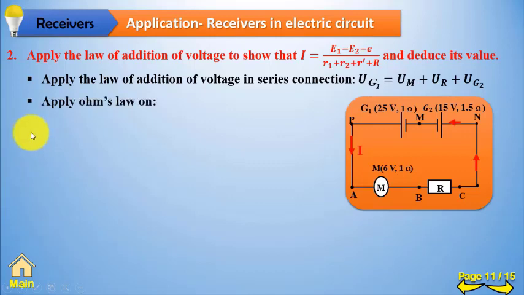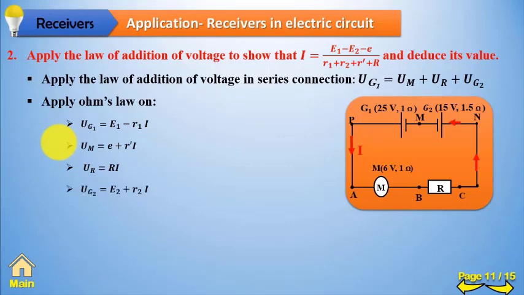Applying Ohm's law on the generator gives us UG1 is equal to E1 minus R1I. Applying Ohm's law on the rest of the portions of the circuit gives us that the voltage across the motor is equal to E plus R prime I, which is Ohm's law of a receiver. UR is equal to RI.